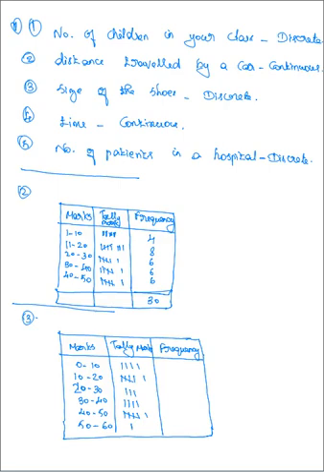So here we'll get 4, 6, 3, 4, 6, 1. Total is 24. We will see the next sum.